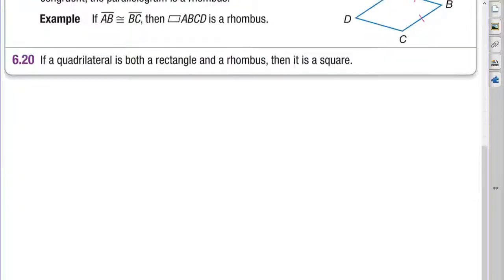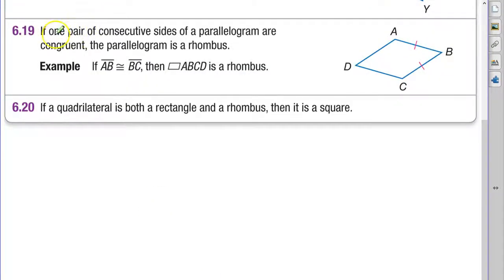If one pair of consecutive sides of a parallelogram are congruent, then we know we have a rhombus as well. Now this might seem weird, but here's the key. I know I have a parallelogram, so my opposite sides are also congruent. So if one pair of consecutive sides are congruent, the opposite sides also have to be congruent. That's how we get our rhombus.